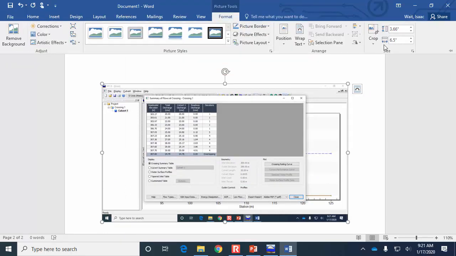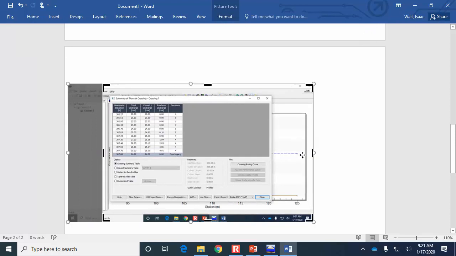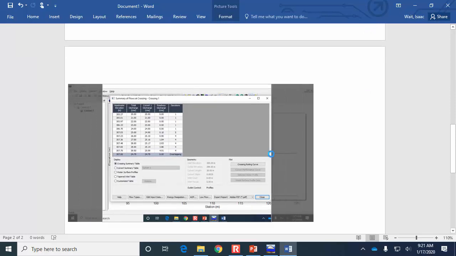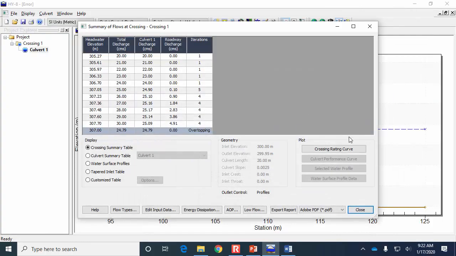Like, for example, if it is asking, how big does the culvert need to be, this is where you could show, well, the input I gave you yields this output, and it shows that those two 1.6 meter diameter circular concrete pipes only yield a tiny bit of overtopping at our design flow. So that's just, in essence, how to do the screenshots and submit what you've done in HY8.